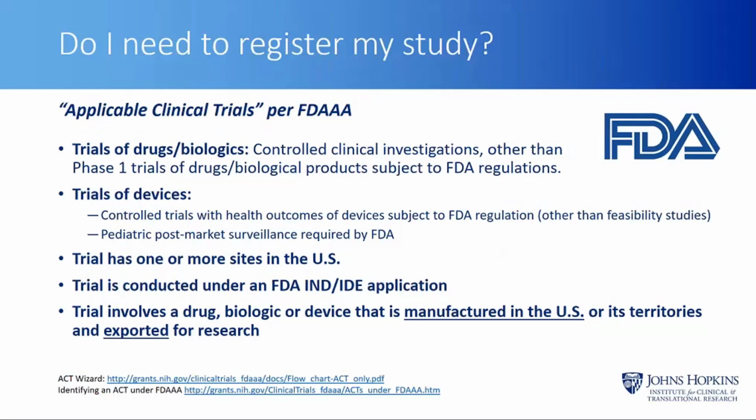Their rules for applicable clinical trials that are required to register and report results are these: trials of any drugs or biologics other than phase 1 studies, trials of any devices, a trial that has 1 or more sites within the U.S. or is conducted under an IND or IDE application, and trials that involve any drugs or biologics that were manufactured here but exported outside. Any questions regarding these?